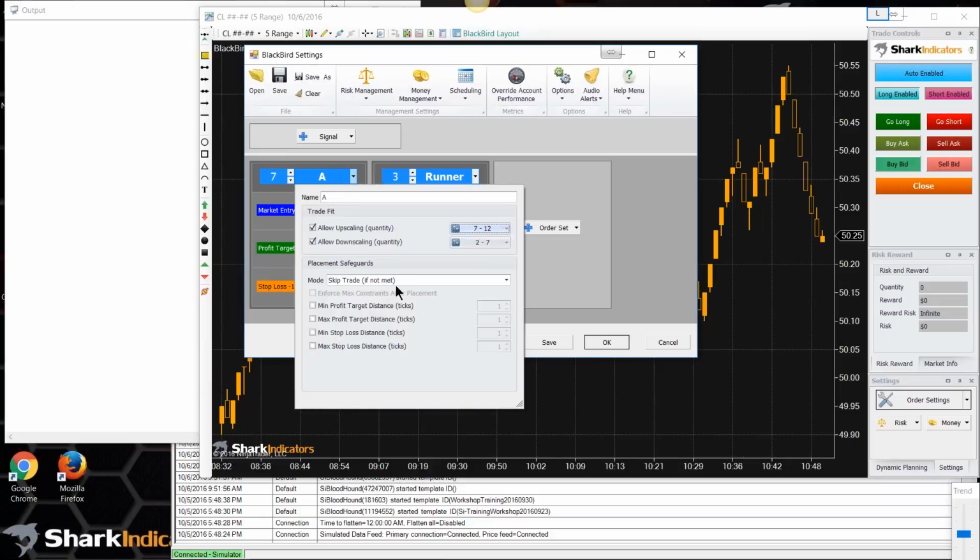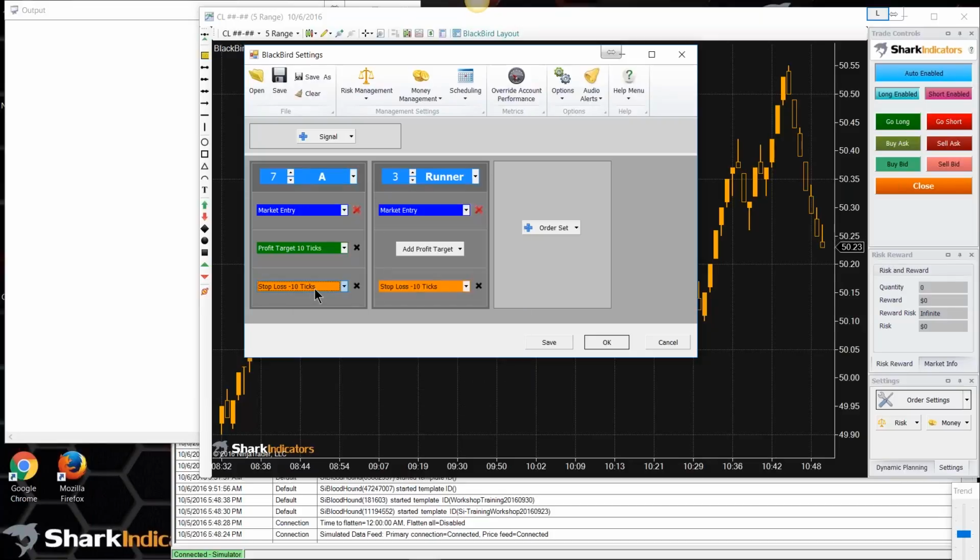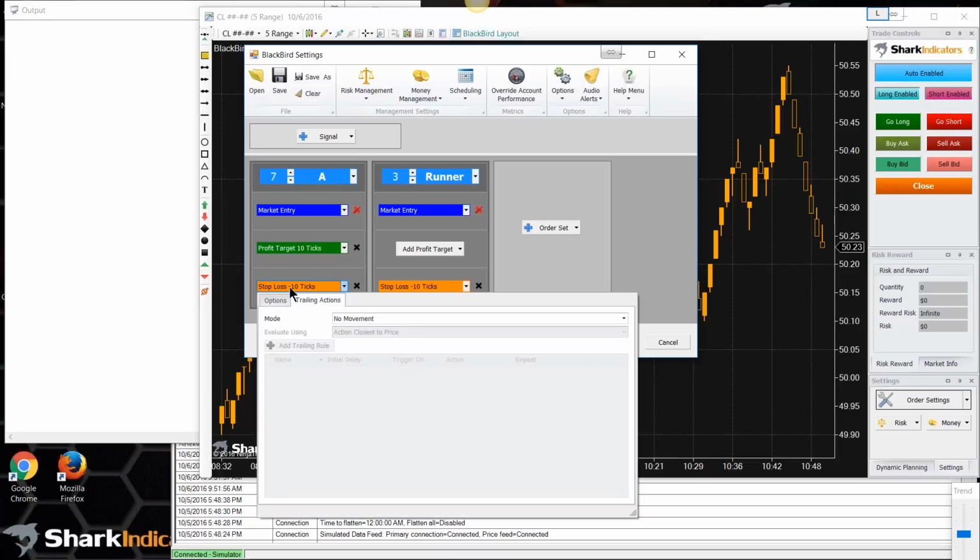And now we have another section down here, a placement safeguard. A lot of unknown issues can occur when you're using indicators to set stuff. You can use an indicator to set your stop loss, to set the price for your stop loss.